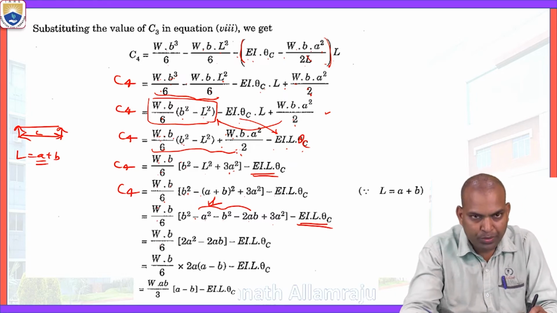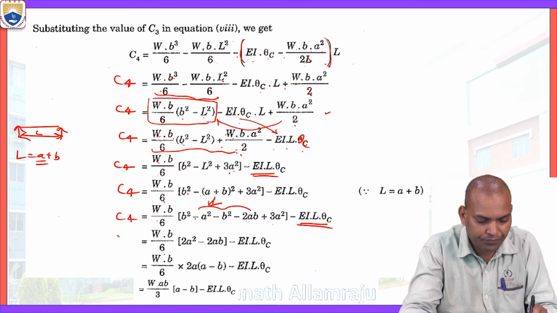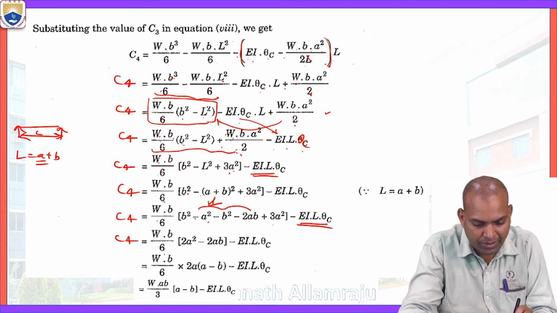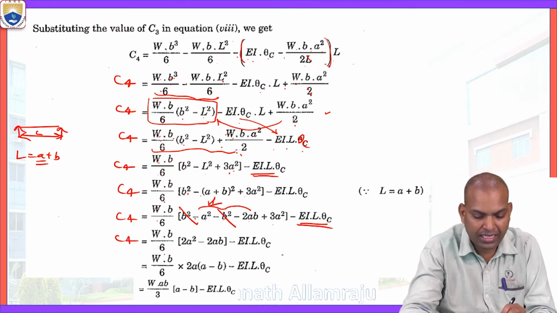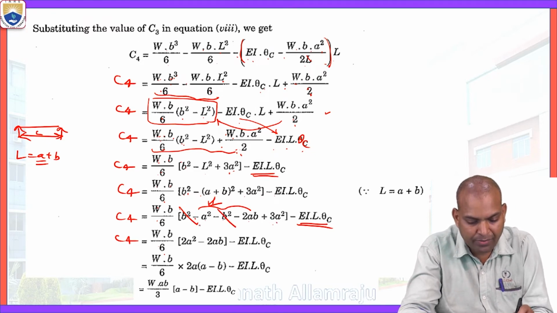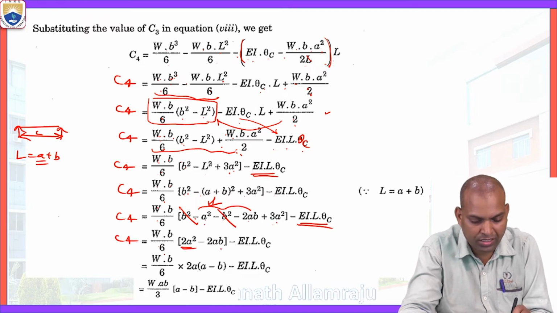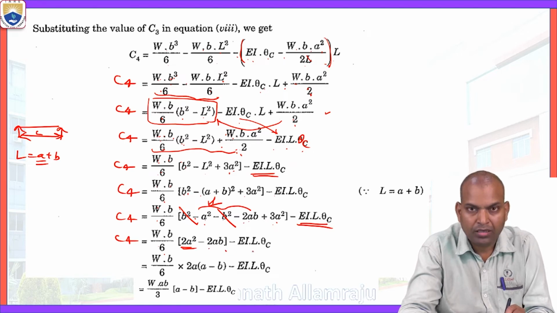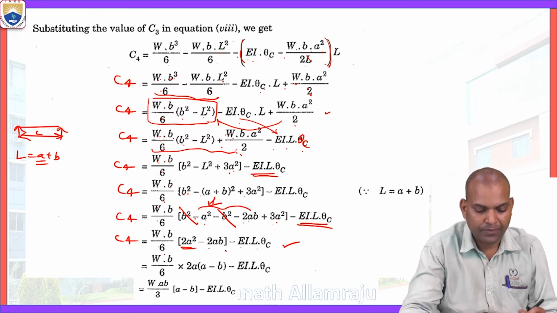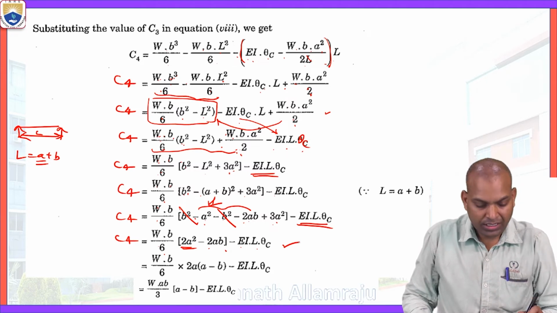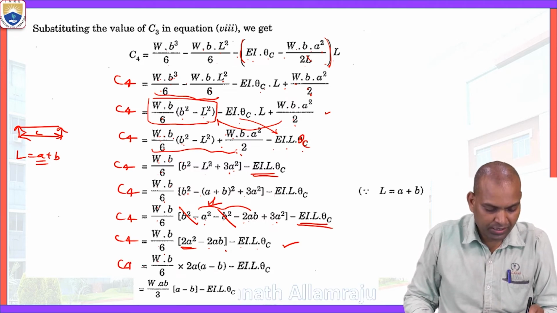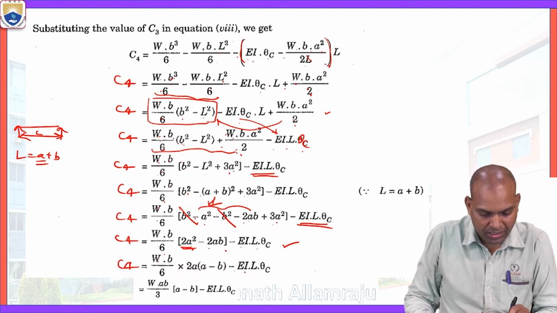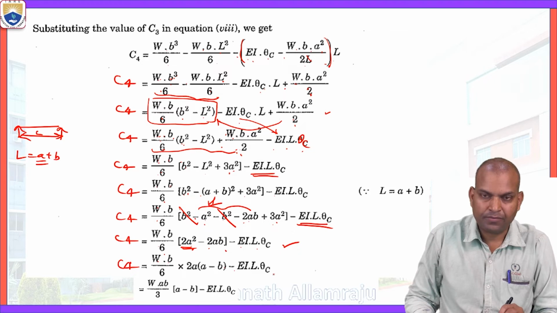Now again wb by 6, step by step. Make it common: b square and negative b square cancelled. 3a square minus a square is 2a square, minus 2ab, minus EI l theta c. Now what is the common here? 2a common: wb by 6, 2a times (a minus b), minus EI l theta c.